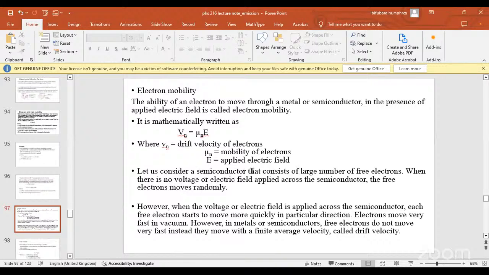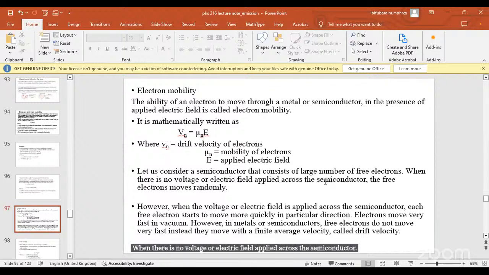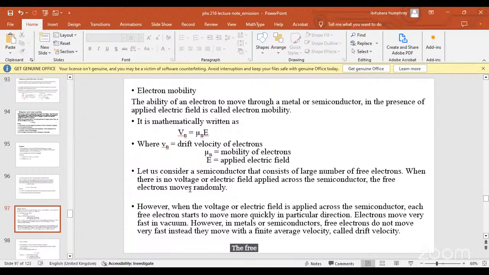Now, consider a semiconductor that consists of a large number of free electrons. When there is no voltage or electric field applied across the semiconductor, the free electrons move randomly. Let's say this particular semiconductor is at room temperature.